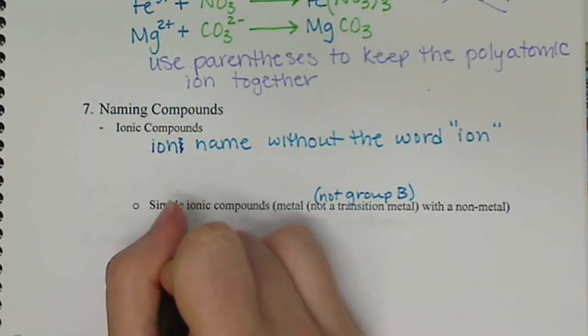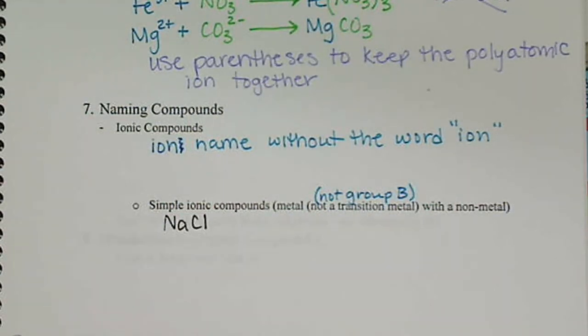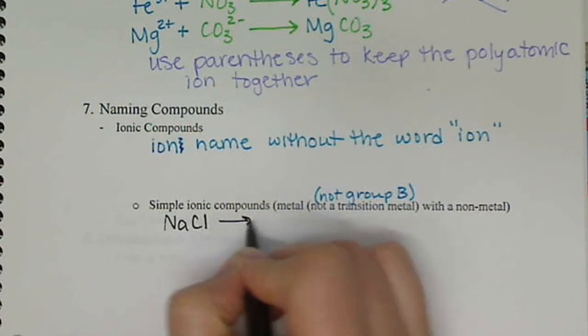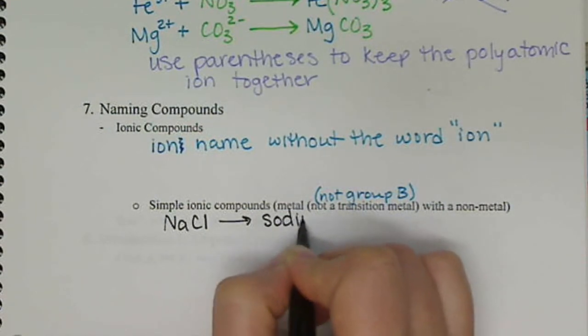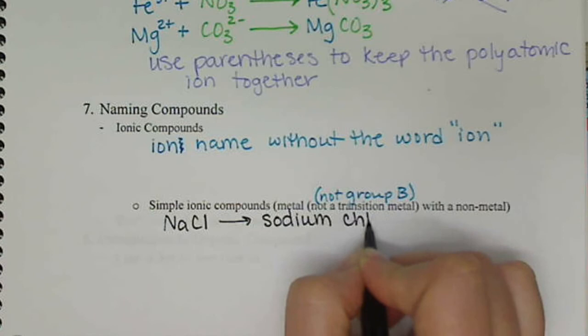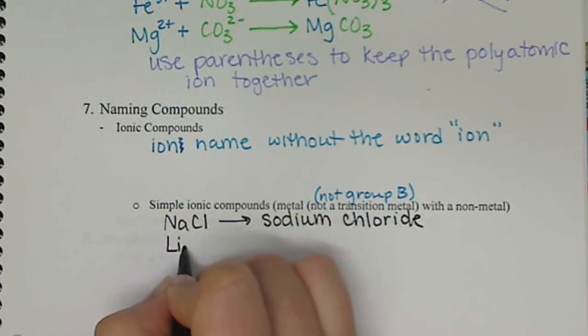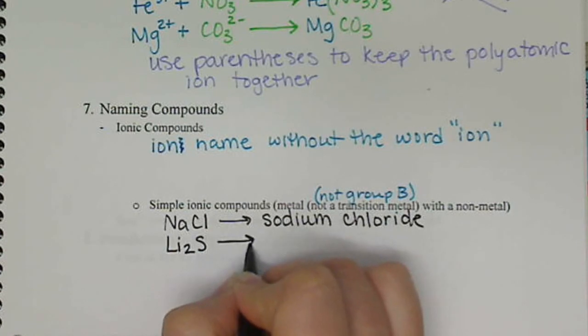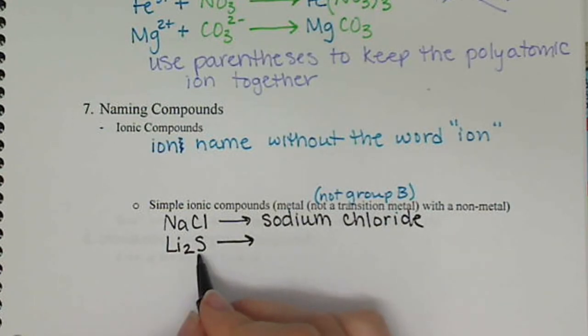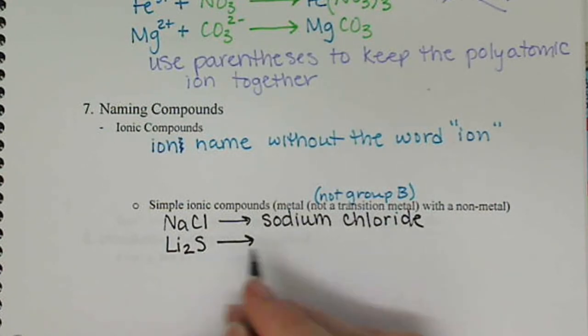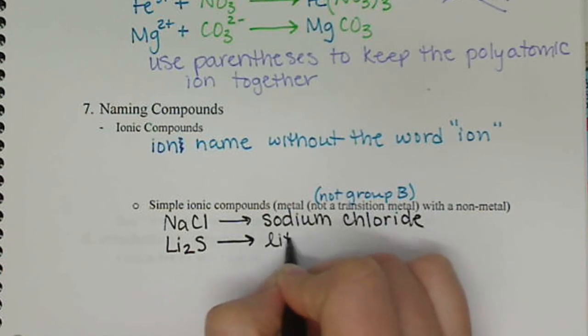If we had NaCl, that was one of the first examples we looked at. This is sodium chloride. Li2S. Li is a +1, sulfur is a 2 negative, so Li2S. This is lithium sulfide.